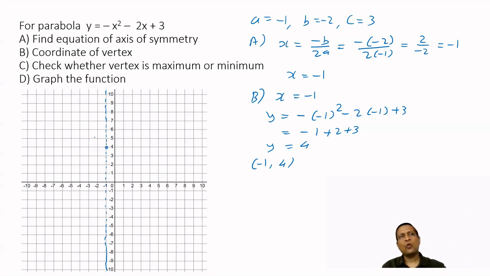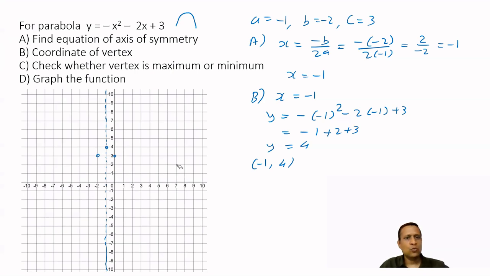Now, will it open up or open down? As you can see, the coefficient of x squared is -1, negative. So that's why it will open down. What is the y-intercept? The y-intercept is 3. So at x equal to 0, y is 3. So at x equal to -2, also y will be 3 because the function is symmetric.